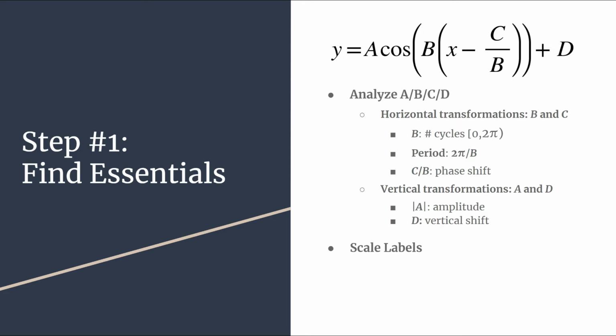So we will take our period and divide by 4, and we'll use that value for our horizontal labels on our horizontal axis. Okay, so period divided by 4. That's really important. Our vertical axis, we can label by taking the absolute value of A, or a lot of times 1 will work.